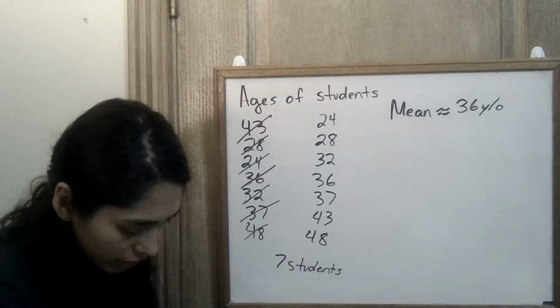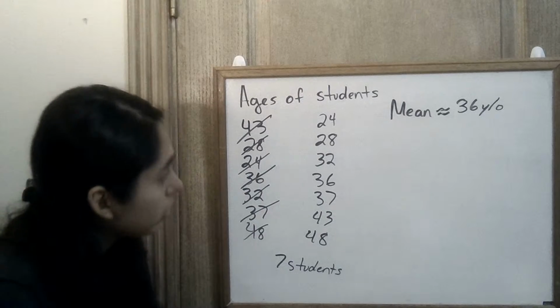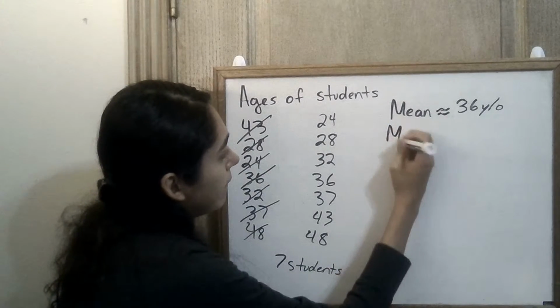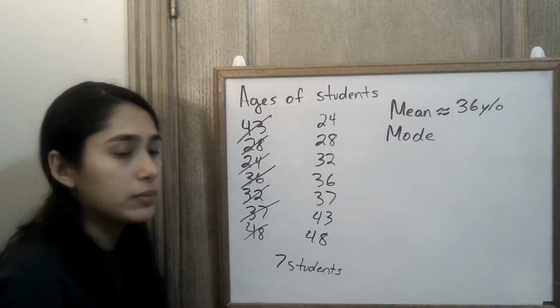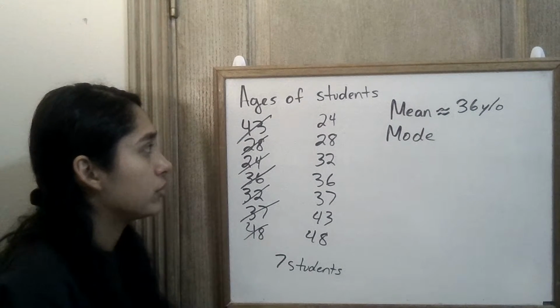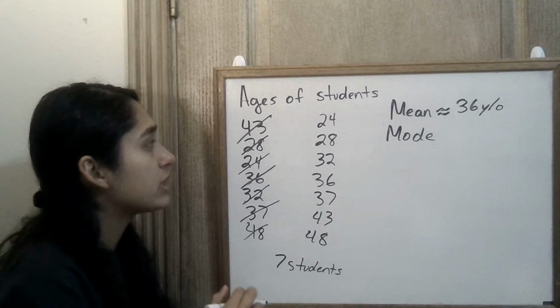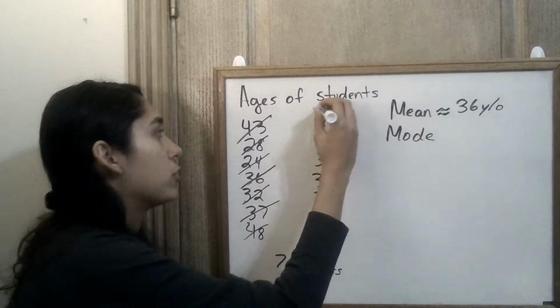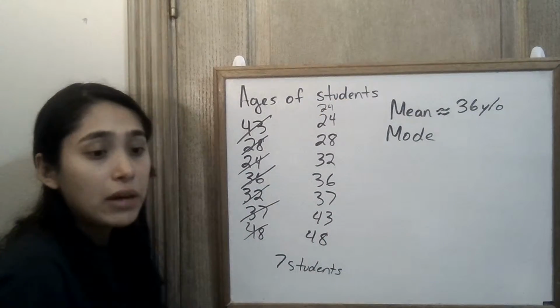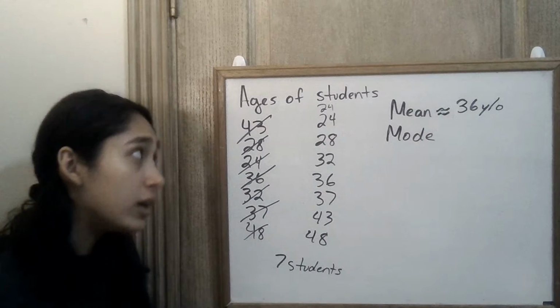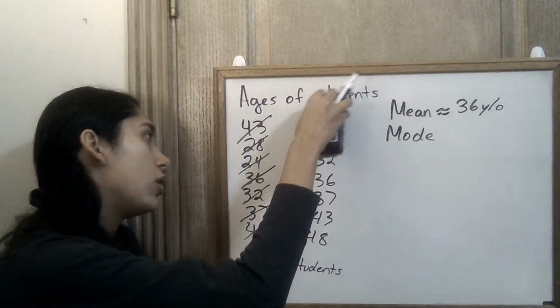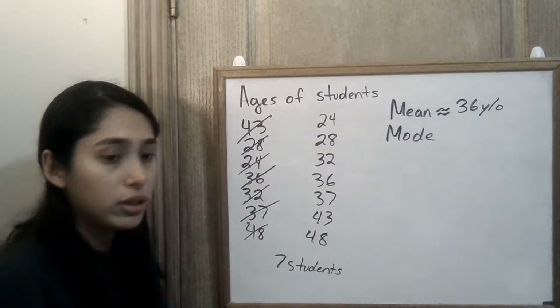Now we're going to talk about the mode. So the mode is, what is the most common value? So let's say I had 2 people that were 24 years old. That would be the most common one because no other number repeats itself. But right now, each age only occurs once.